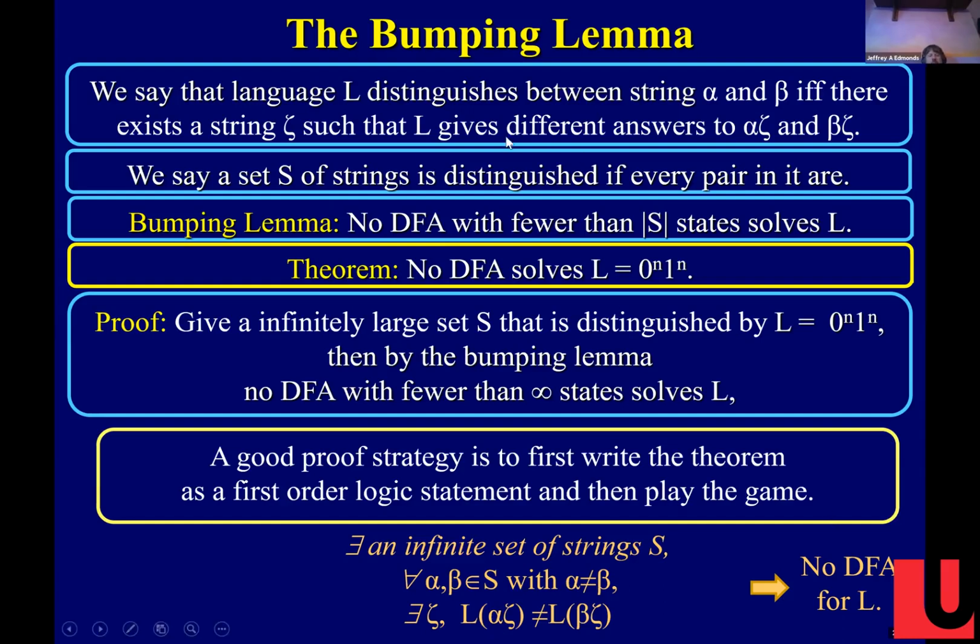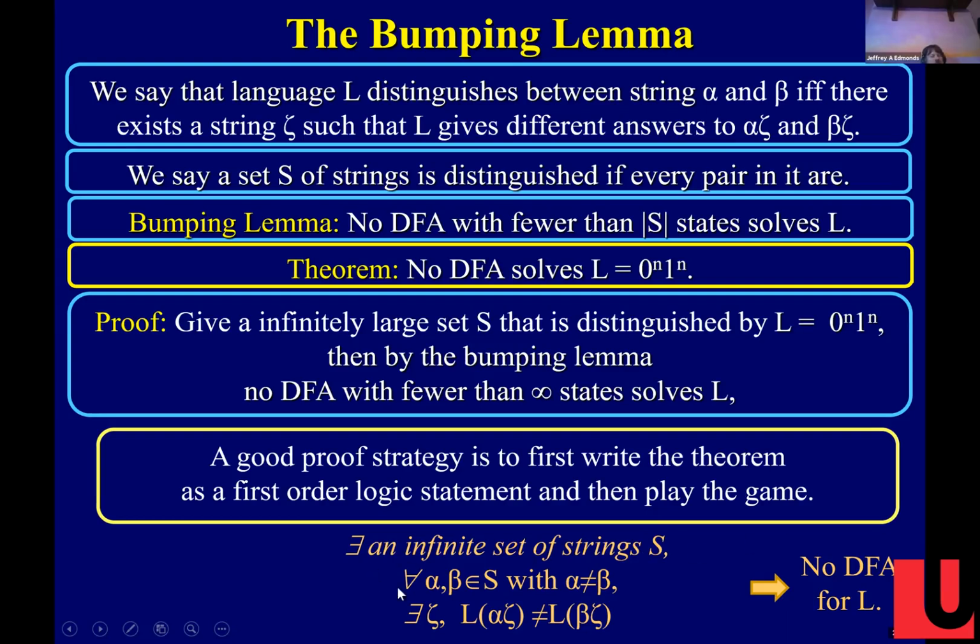And what we proved up here is that if this is true, then this is true. How did I prove this? I assumed this, so I used this as an oracle. How did I use it as an oracle in the proof? Well, the oracle promised me that there was some set S. Then I took this set S and I ran each string through this machine, and that gave me an alpha and a beta.